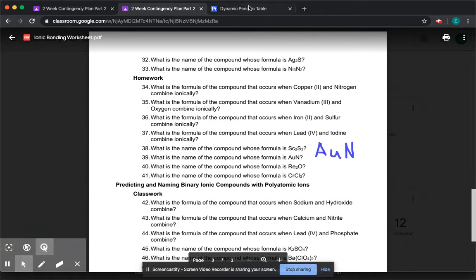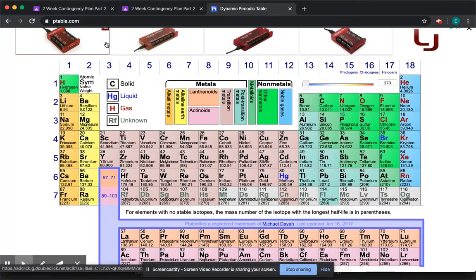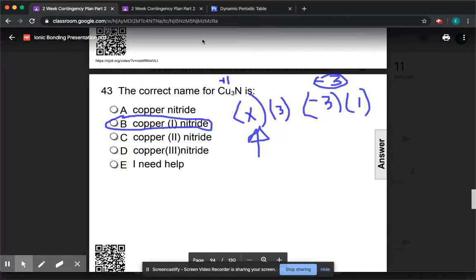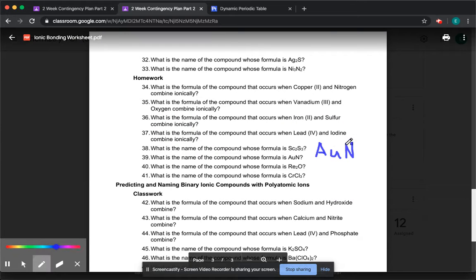Nitrogen has what charge? Nitrogen has 5 valence electrons, so it has to be -3. And if nitrogen is -3, we only have 1 of these, so it has to be +3.